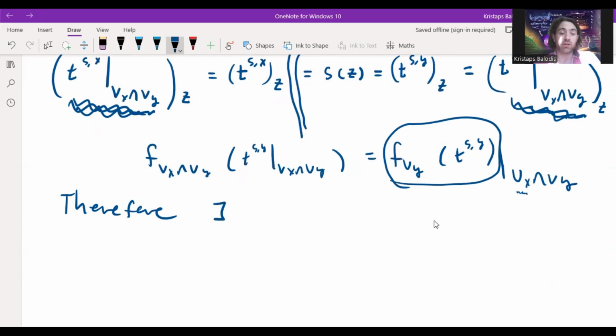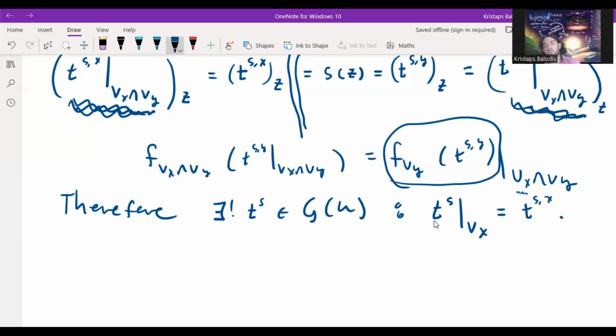Therefore, there exists a unique element, I'll call it t S, which lives in G of U such that t S restricted to each of the V x's is equal to t S x.